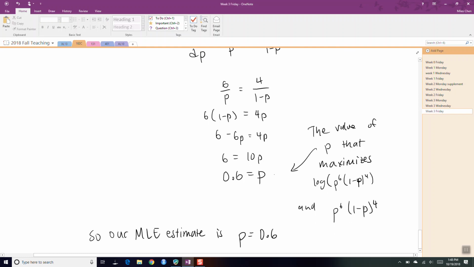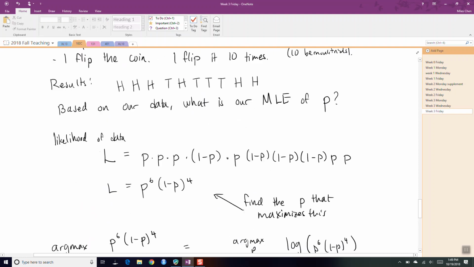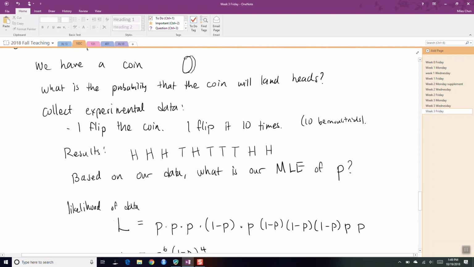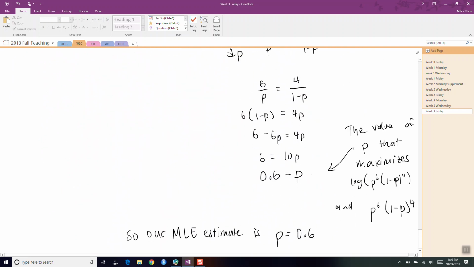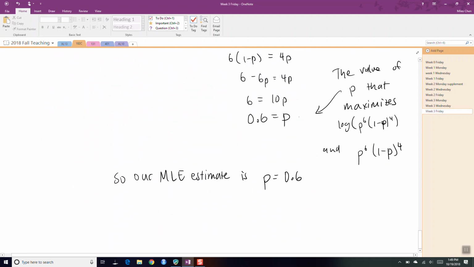No. What are you guys thinking? You're going to just say, oh, well, you just happened to get 6 out of 10. It's not a big deal, right? I'm not suddenly going to say my guess for the probability that this coin is going to land heads is 0.6, right? Even though, according to all this work that we did in maximum likelihood estimation, where we're trying to maximize the likelihood of our data, p should be 0.6, okay?